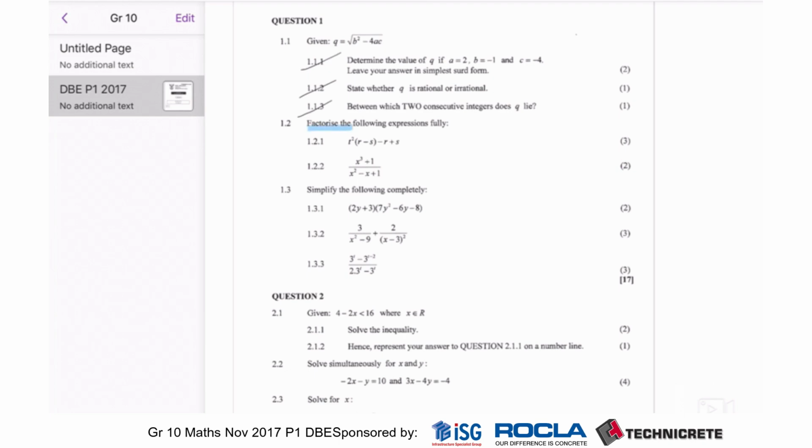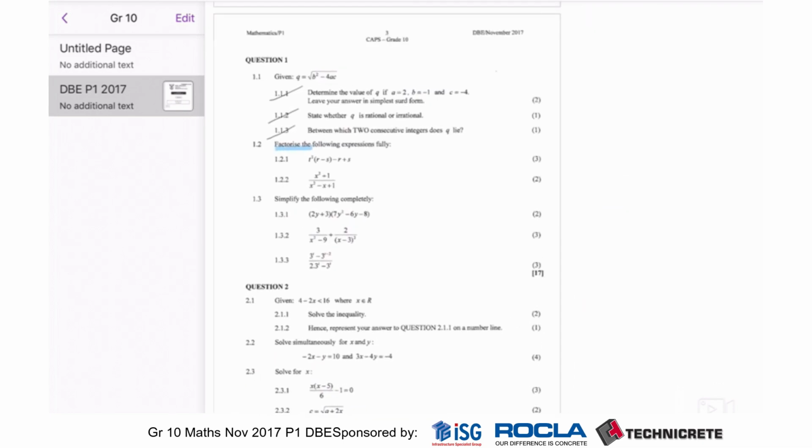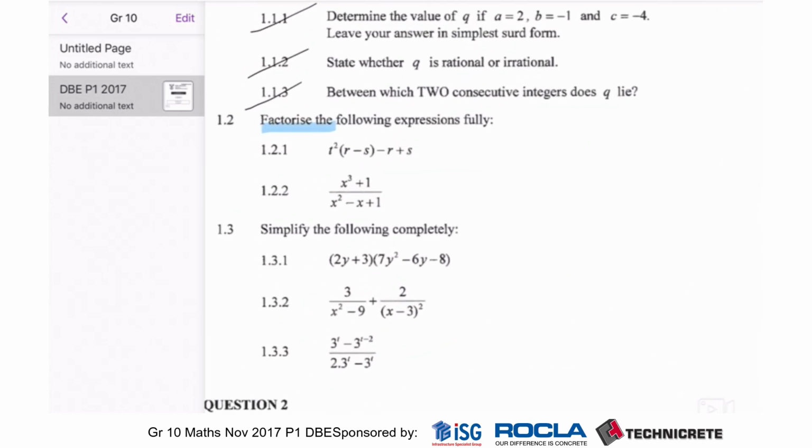We're breaking our sum down until we can no longer factorize anymore. Let's take a look firstly at 1.2.1. I always tell my students, when I teach factorization, I teach it in the way that you should be able to identify what you are seeing.